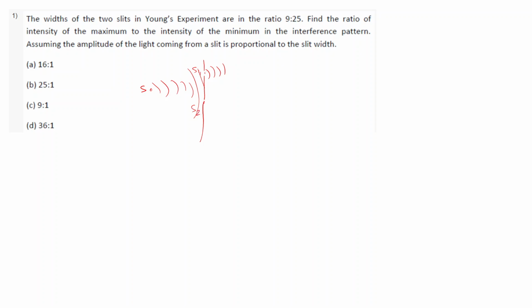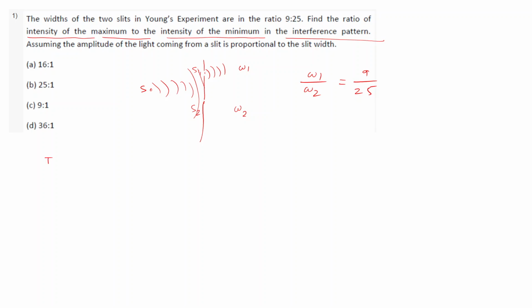The question is saying that the widths of these two slits, let's call this width W1, this width W2, are in the ratio 9:25.